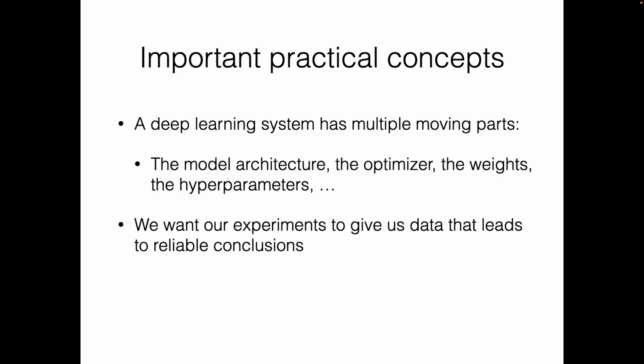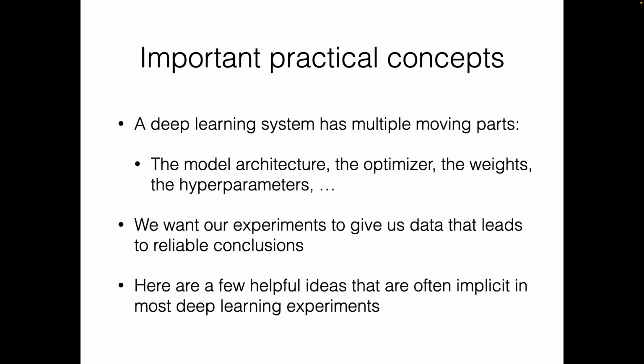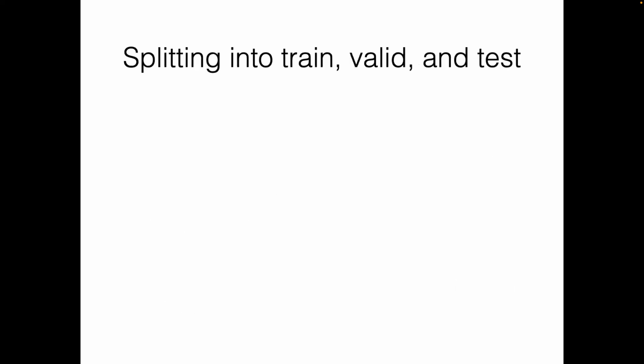You don't want some difference to be due to some specific setting of hyperparameters if you're trying to establish that one architecture is better than the other. Here are a few things related to setting up good experiments.